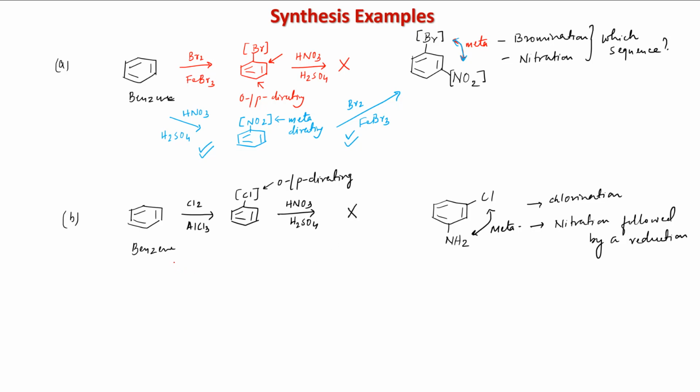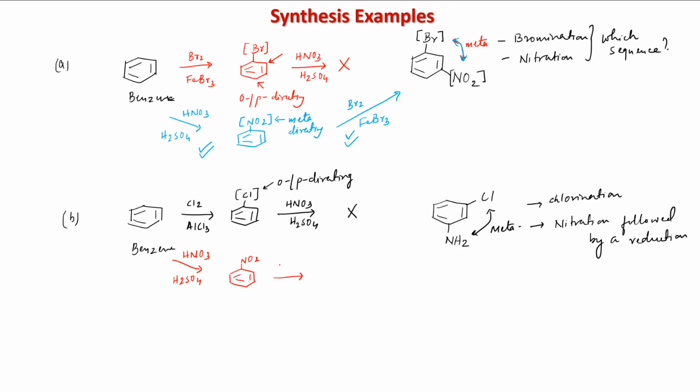A second possibility is that we start with benzene and we do the nitration first. This will give us nitrobenzene. And now we have to do a reduction. So let's go ahead and try a reduction on this.